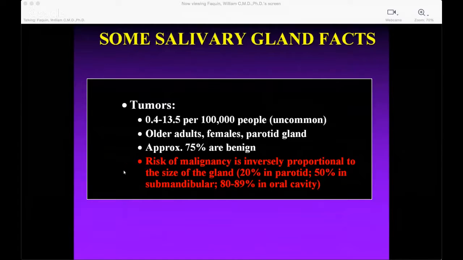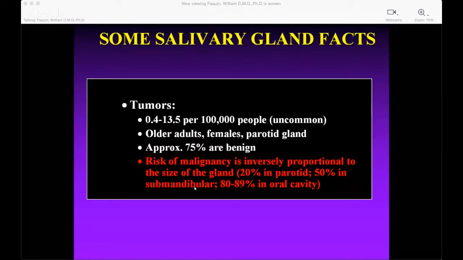Most of you are hopefully already familiar with this fact, but it's very important for us as cytologists, as well as for the treating clinicians, to be aware that the risk of malignancy of a salivary gland tumor is inversely proportional to the size of the gland. And by that I mean that if you have a tumor in the parotid gland, there's only about a 20% chance that it's going to be malignant.